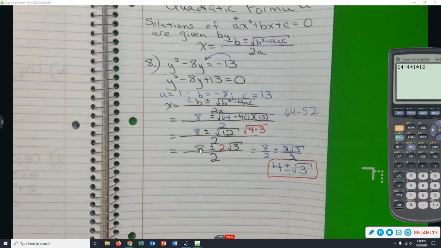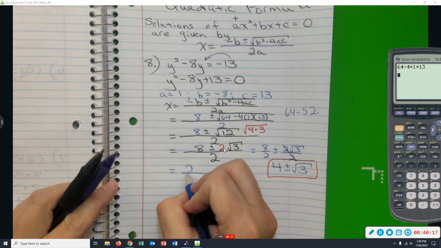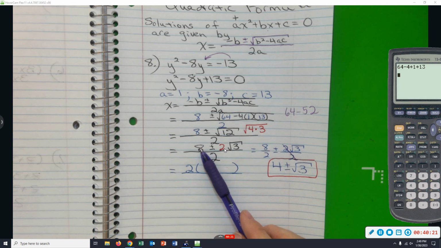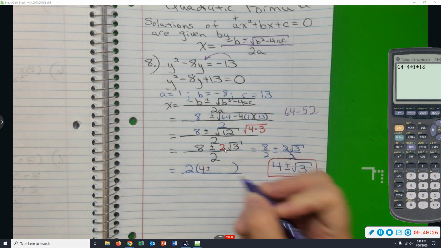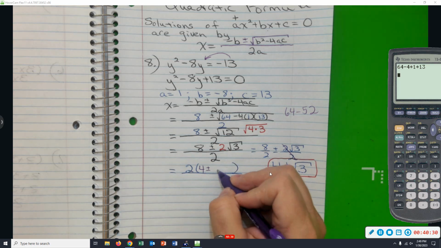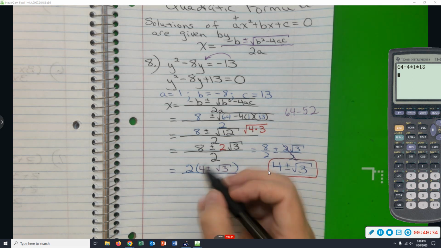So, if you divide the 8 by 2, you get a 4. I'm going to take out a 2. 8 divided by 2 gives me a 4, plus or minus 2 square roots of 3 divided by 2 gives me 1 square root of 3. And I still have this 2 down here.